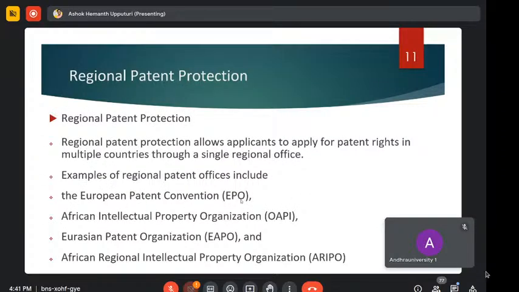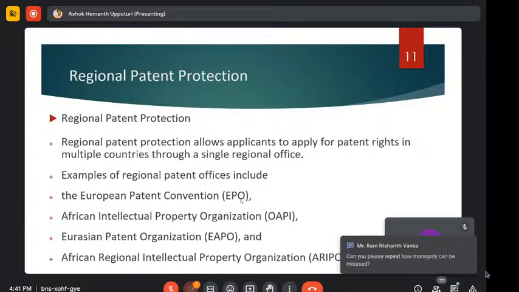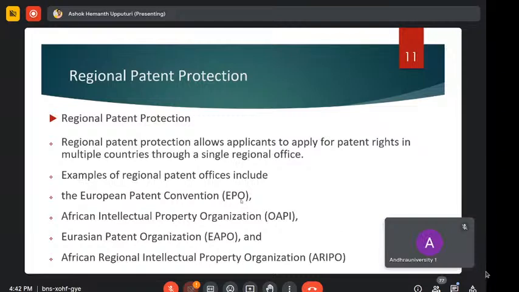So the next solution is regional patent protection. So far you know about conventional and PCT, and there is another version called regional patent protection. Imagine you want to launch your applications in countries belonging to a specific region, for example the European Patent Office, where almost all European countries are covered.